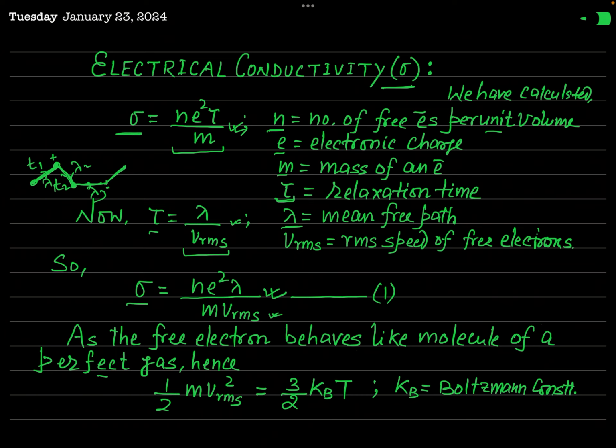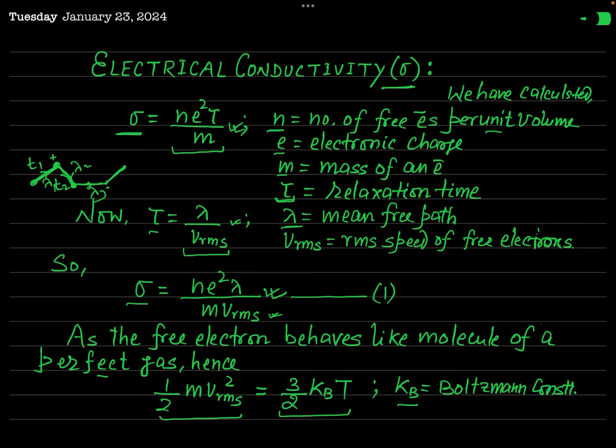And you know from kinetic theory of gases that the average translational kinetic energy of a molecule of a perfect gas is equal to 3 over 2 kB into T, where kB is a universal constant. You know, this is called Boltzmann constant.